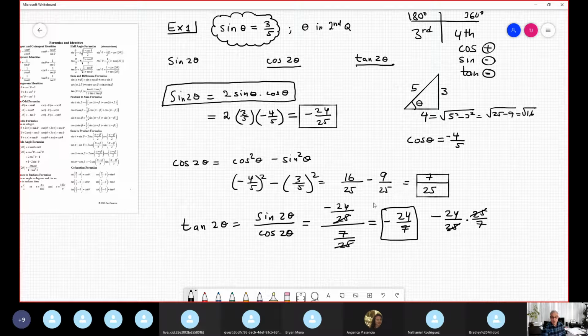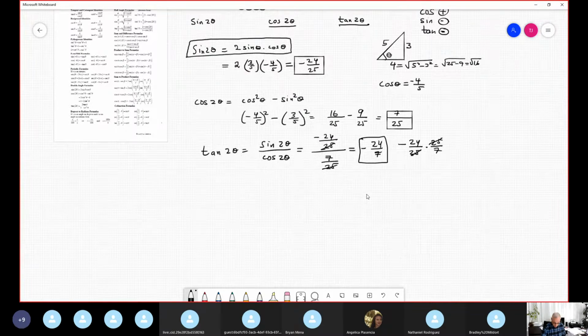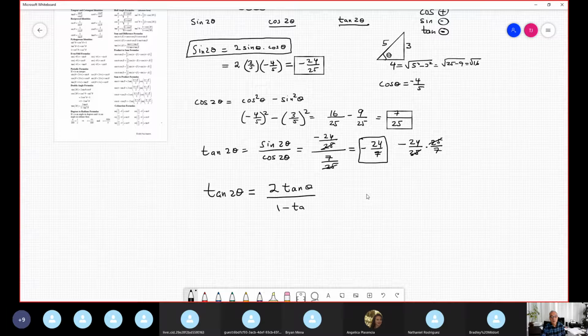Well, professor, you are doing it that way, but we can use another formula. Yes, what formula? That formula: tangent 2 theta is equal to twice tangent theta over 1 minus tangent squared theta.